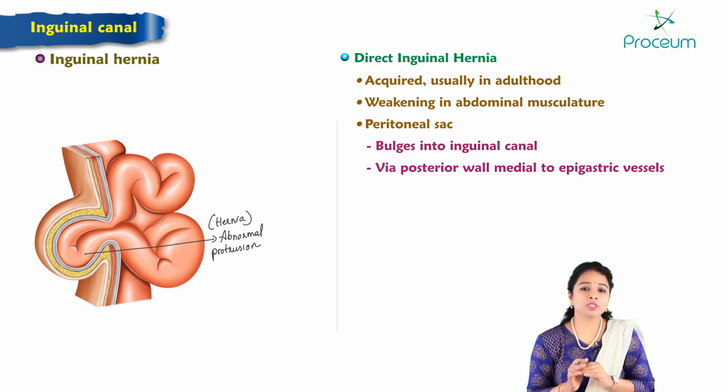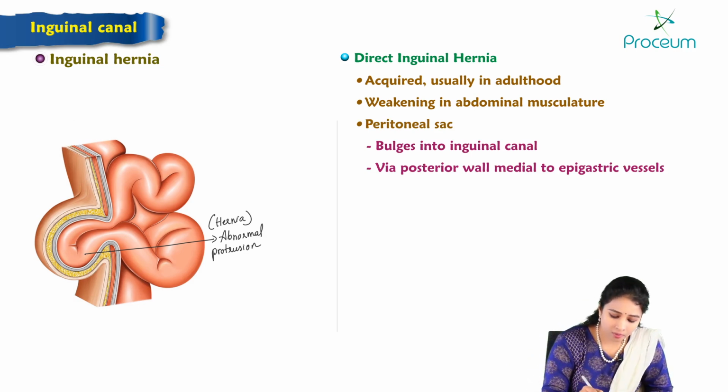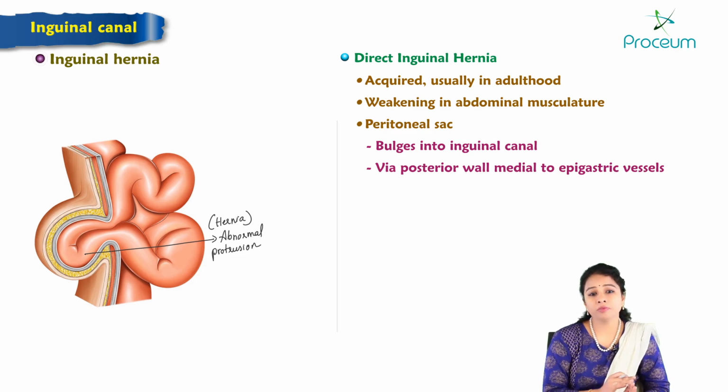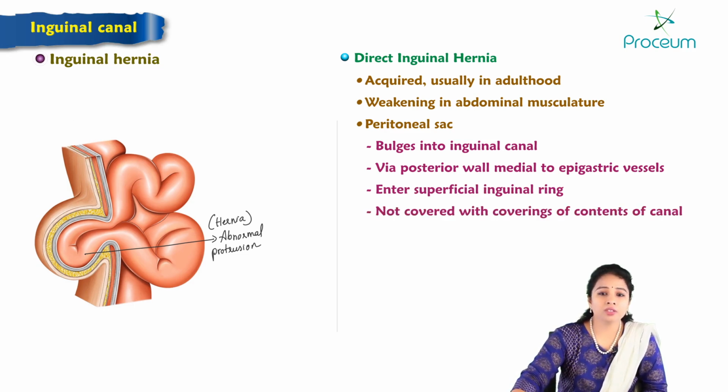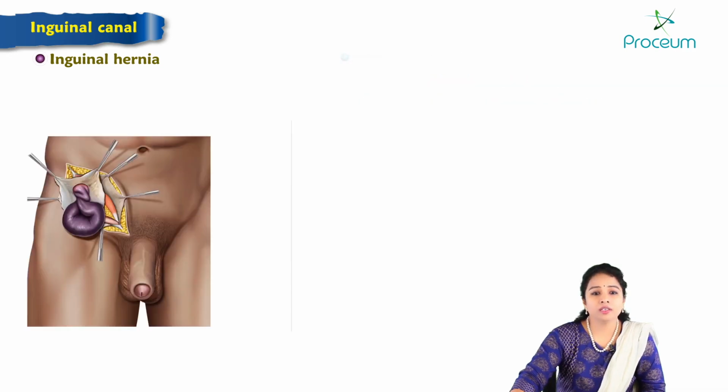So via the posterior wall of the inguinal canal, it enters the inguinal canal, usually lying medial to the epigastric vessels, and can enter the superficial inguinal ring. The sac is not covered with the coverings of the contents of the canal.